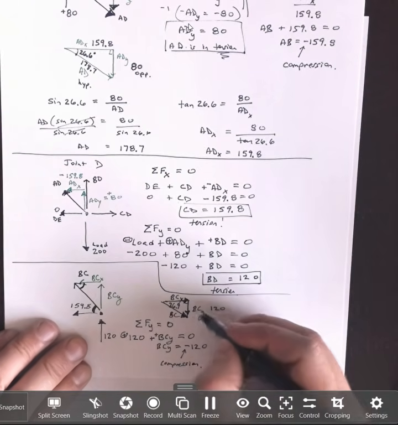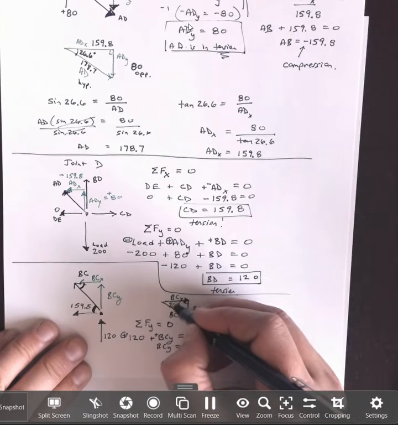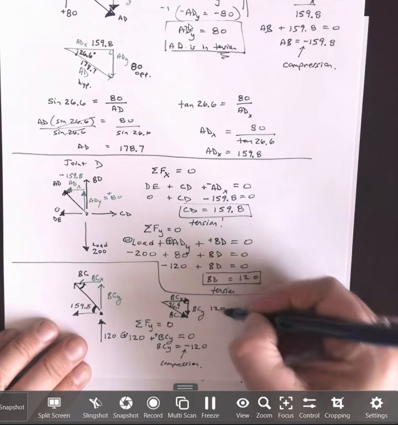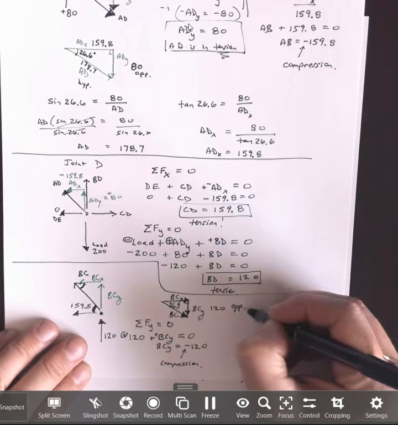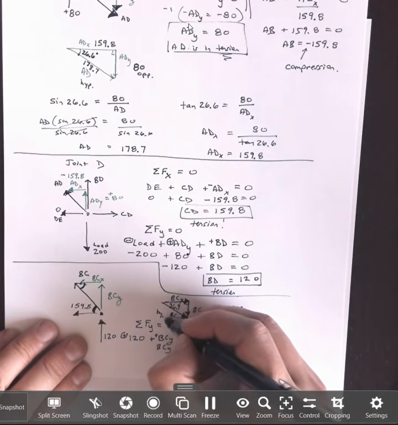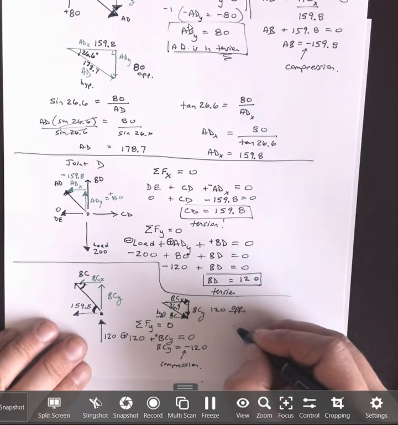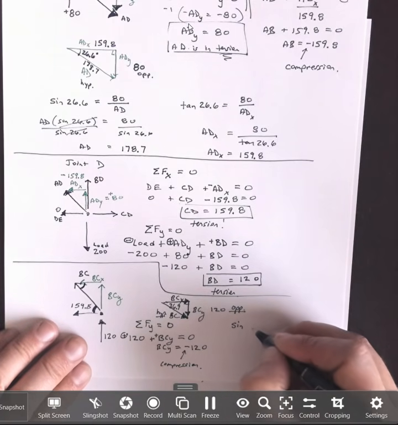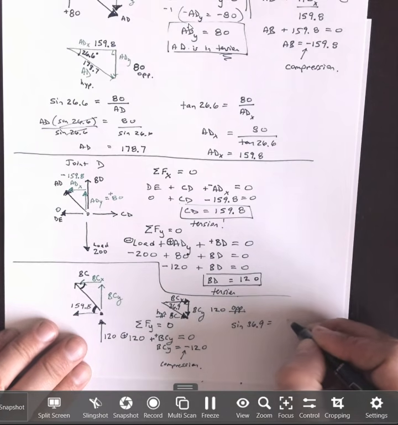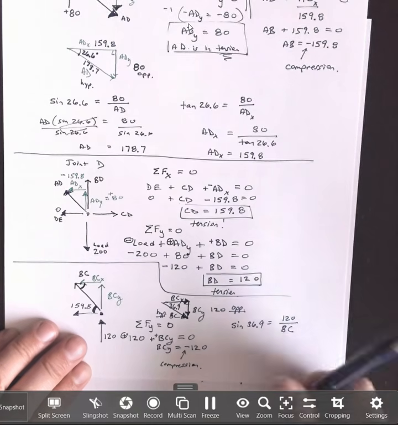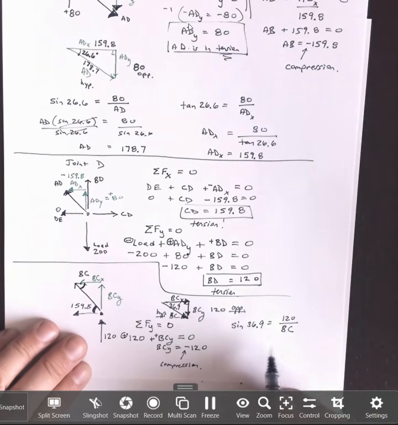Now, this side, relative to that 36.9 degree angle, is the opposite leg. BC is the hypotenuse. The trig ratio that uses opposite and hypotenuse is sine. This is the last thing. I'm going to do the sine of 36.9 is equal to the opposite, which is 120, divided by the hypotenuse, which is the member BC, now known to be in compression.